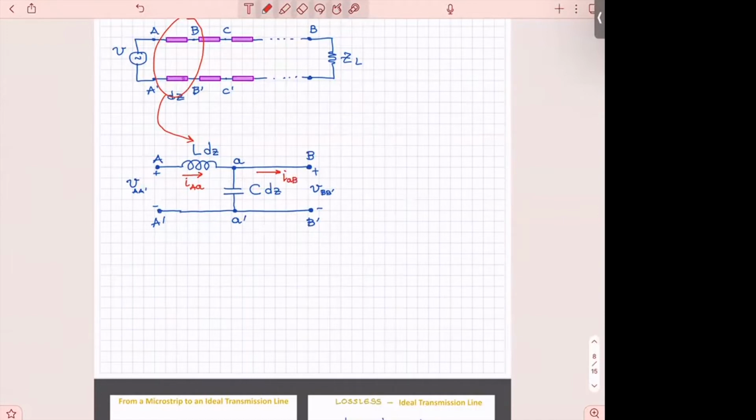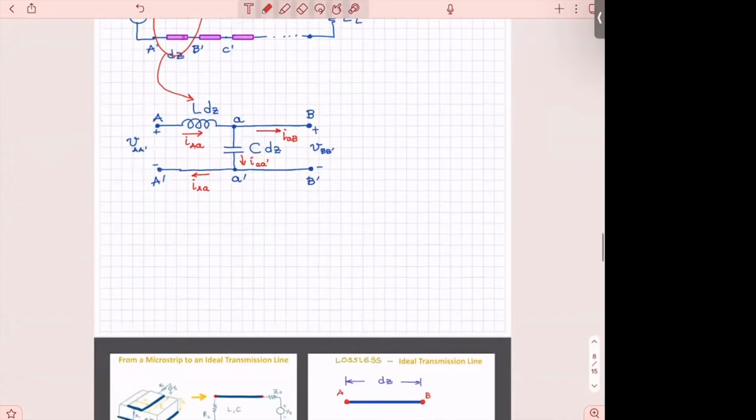And therefore, there is going to be a current here that is going to go like that. It's going to be the opposite. And then here is going to be a current that goes through the capacitor and is called, let me put it here, I A prime. Now that's simple circuit theory.